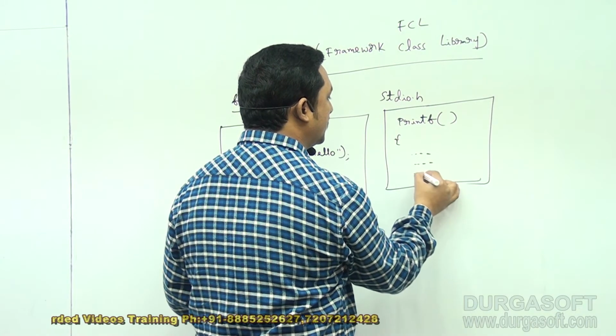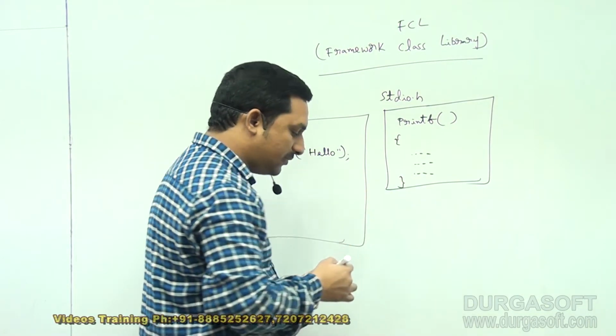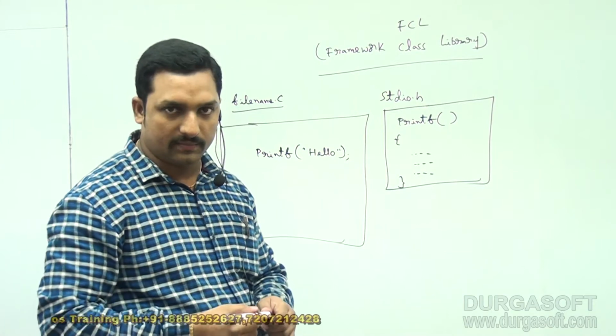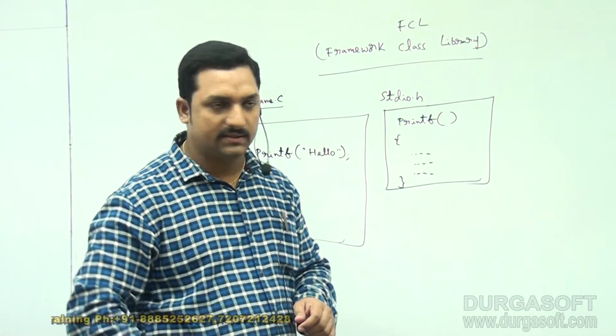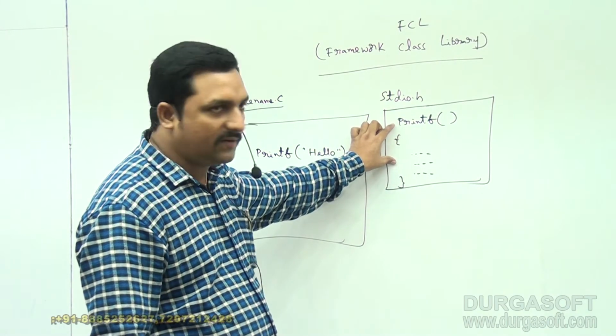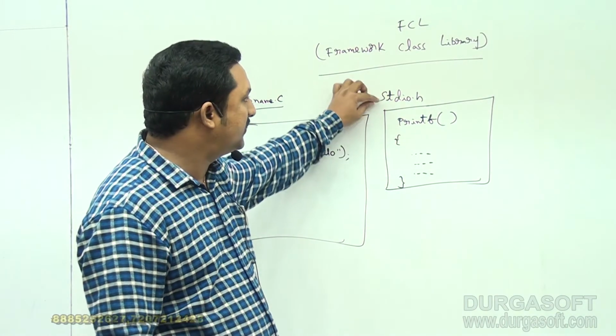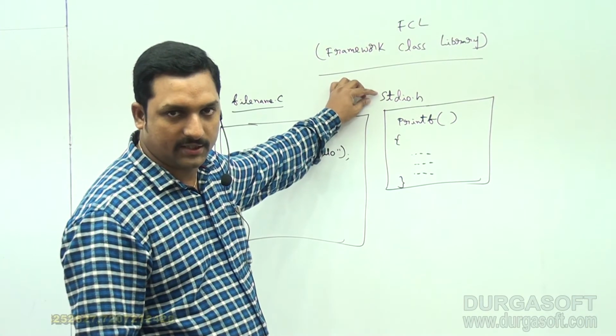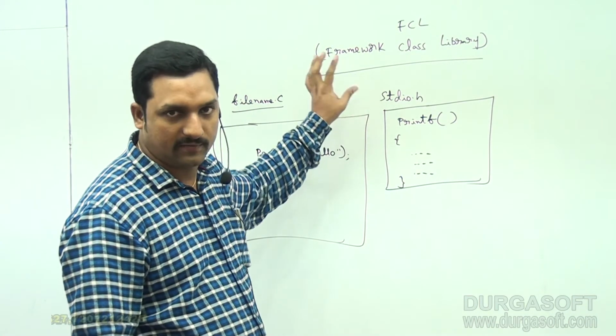Here some implementation is there, to display the given value to the monitor, the standard output device. So this printf definition exists in which header file? stdio.h, the standard input output header file.